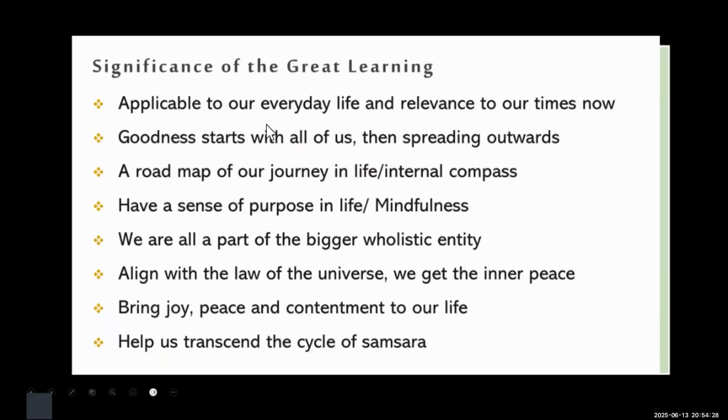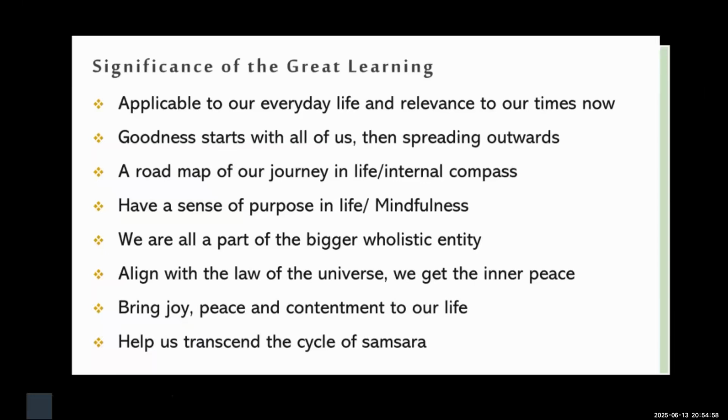our everyday life. Okay. Here it says, goodness starts with all of us, then it spreads outward. So our personal cultivation is the root to a prosperous society. So Confucius talks about not just governing, but he talks about we need to build a system where everyone can do good and everyone can thrive.